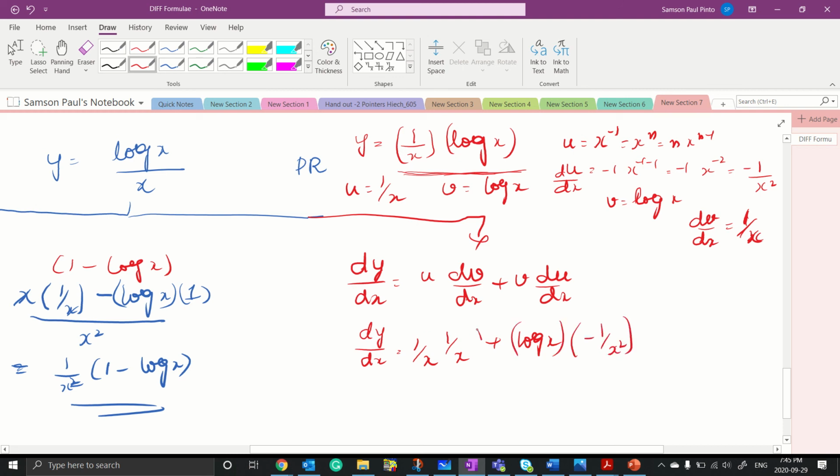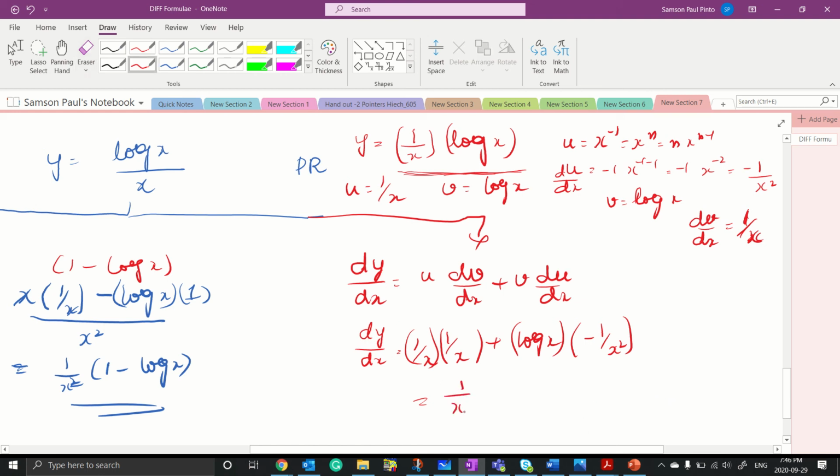Okay, let me bracket everything. So that will give me x square, the x square becomes the LCM. Here I have 1, and this I'll bring to this side. For those of you starting, it might be quite difficult to understand this, so I'll simplify it.